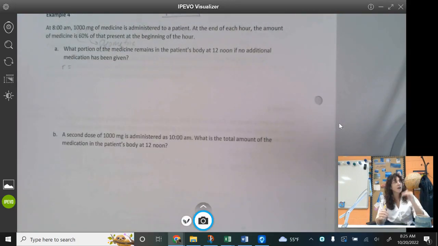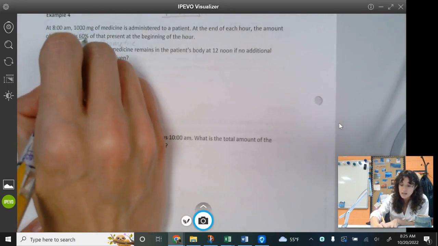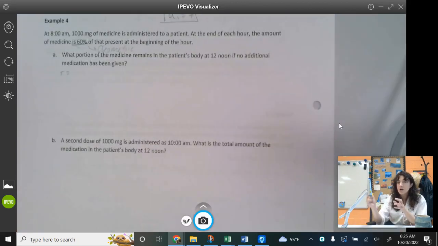Before, when we said there was 5% more each time, we had to do 1 plus 5%, which got us 1.05. But notice the way that this is phrased here is that the amount present is 60%. So it's going down as time goes on. Think about it in context, right? As time goes on, the medicine that's in your body dissipates and goes away.